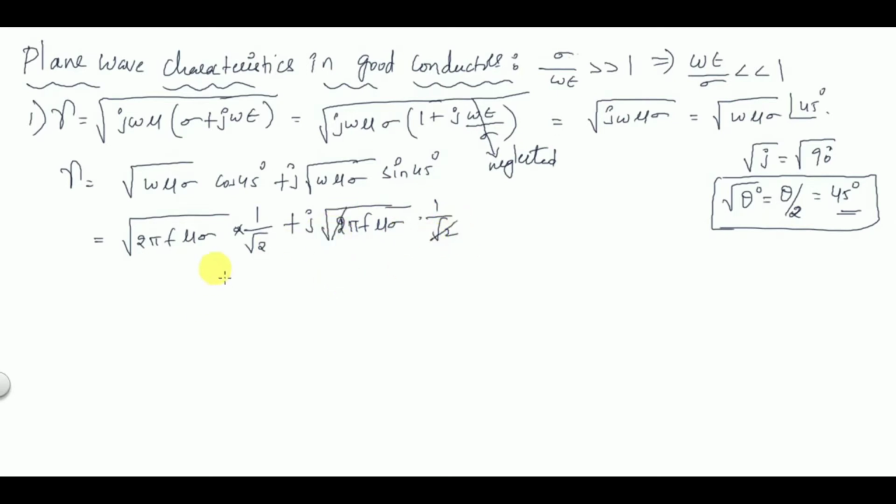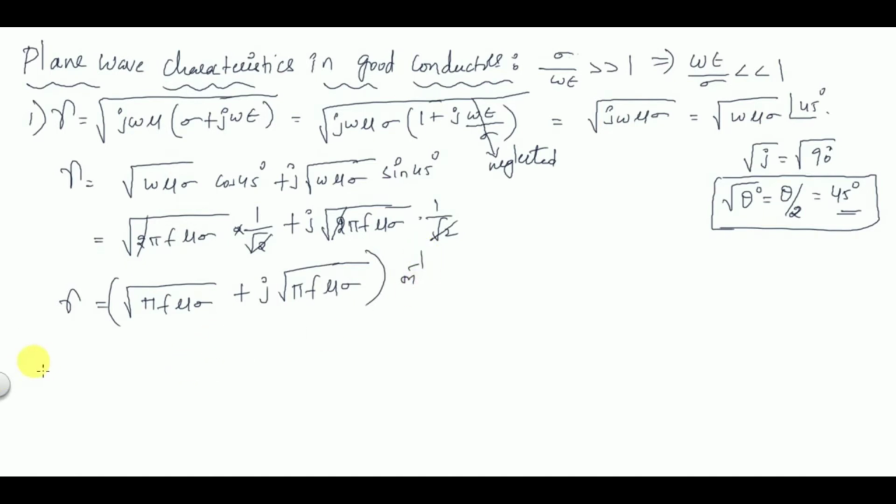The root 2 and root 2 get cancelled. So you are left with root of pi f mu sigma plus j into root of pi f mu sigma. This is gamma per meter.